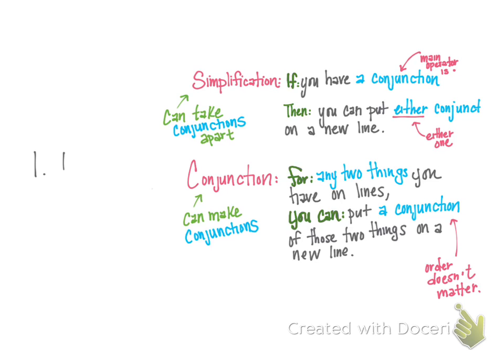So let's say we have a bunch of stuff on lines, maybe atomic statements, maybe not. We can use this rule to make conjunctions.